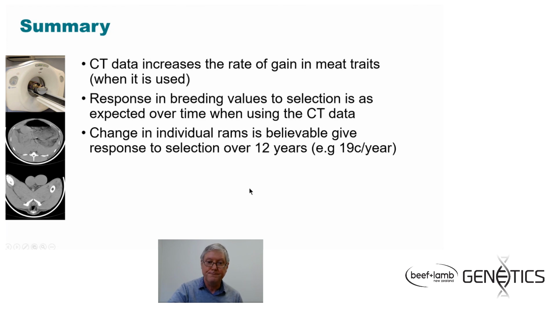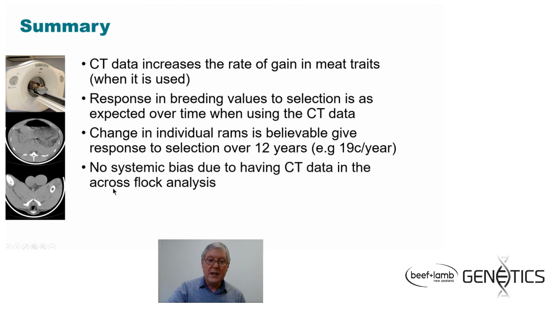So we're not seeing evidence that there is systematic bias due to having CT data in a cross-flock analysis. Bias is a politically charged word, and what it's indicating is that there is some kind of unfair advantage that's coming from using that.